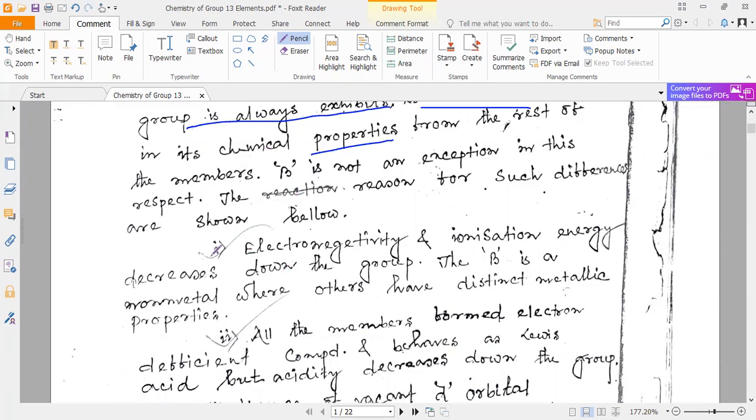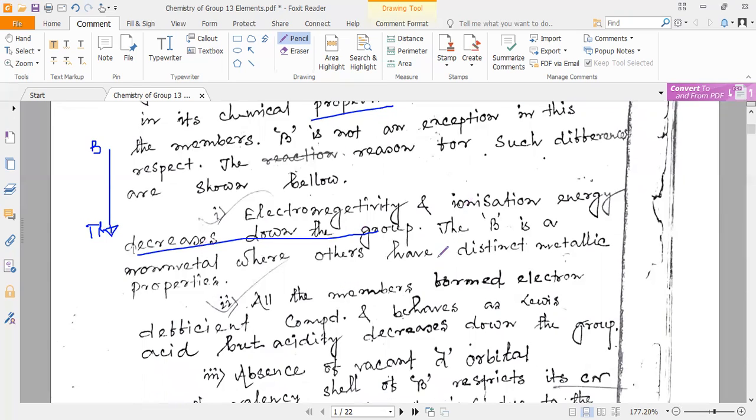The first point is that electronegativity and ionization energy decrease down the group. If you go from boron to thallium, these two important properties gradually decrease down the group.